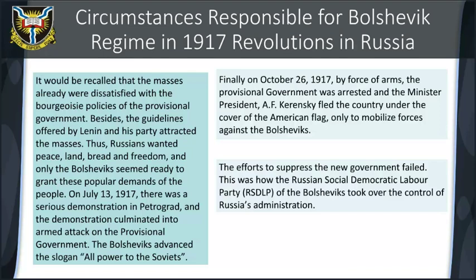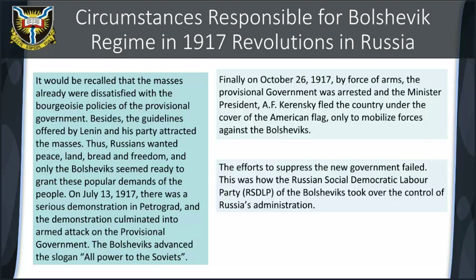On July 13, 1917, there was a serious demonstration in Petrograd, and the demonstration culminated into armed attack on the provisional government. The Bolsheviks advanced the slogan, "All power to the Soviets."